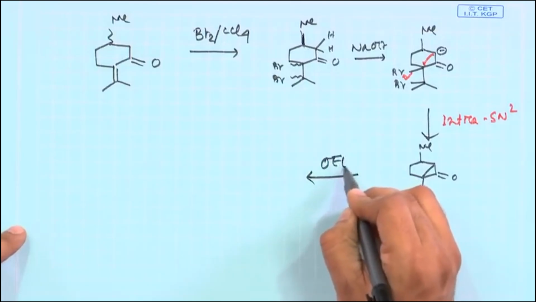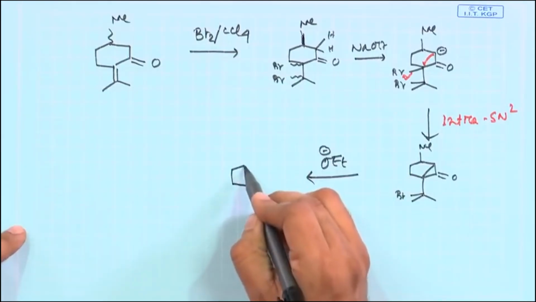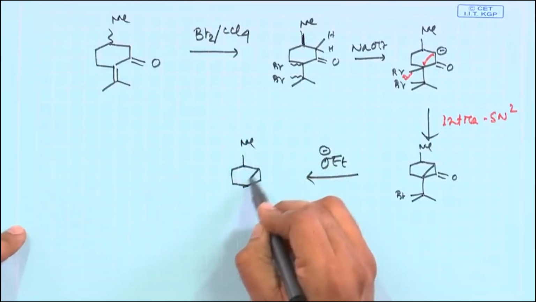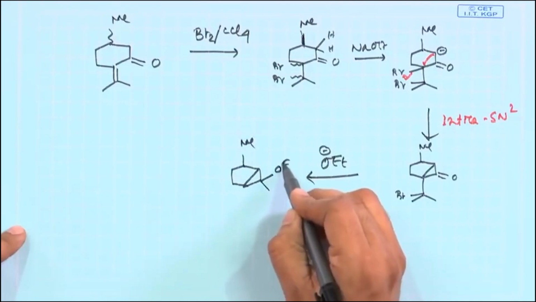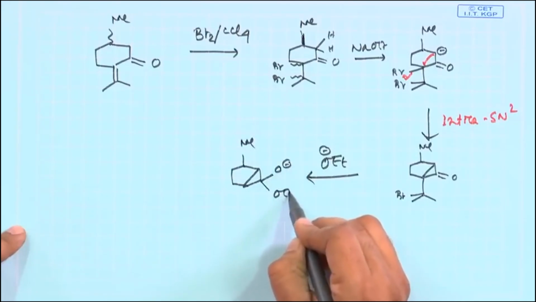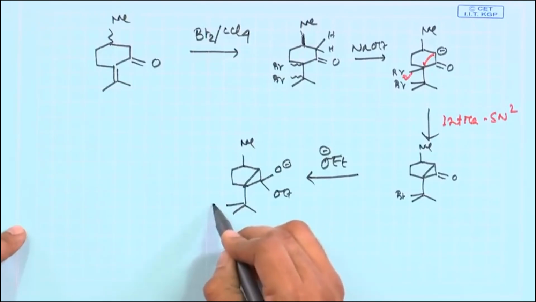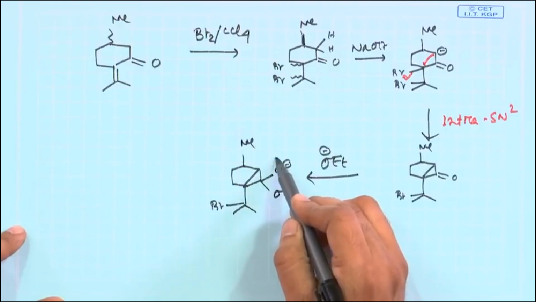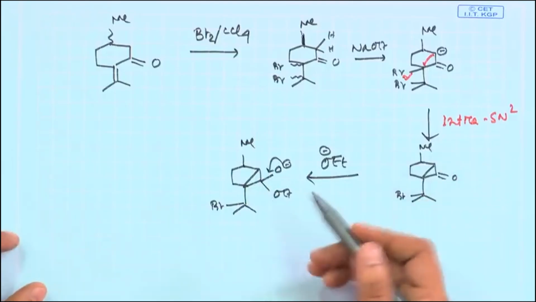Now, eventually you have sodium ethoxide in the reaction mixture. So, excess OEt minus is there, and as a condition of Favorsky, this OEt minus will attack here. Now, when this O minus collapses, this particular bond has to be broken as in the normal Favorsky.